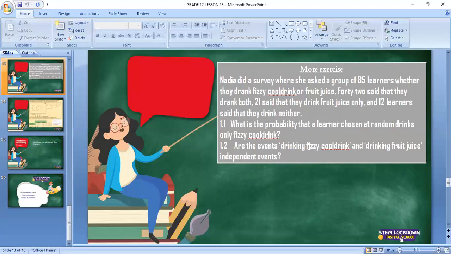Yesterday we explained that two events are independent if the probability of A and B equals the probability of A times the probability of B. So we calculate the probability of drinking cold drink and the probability of drinking fruit juice, multiply them together and see if it gives us the probability of drinking both, the intersection.